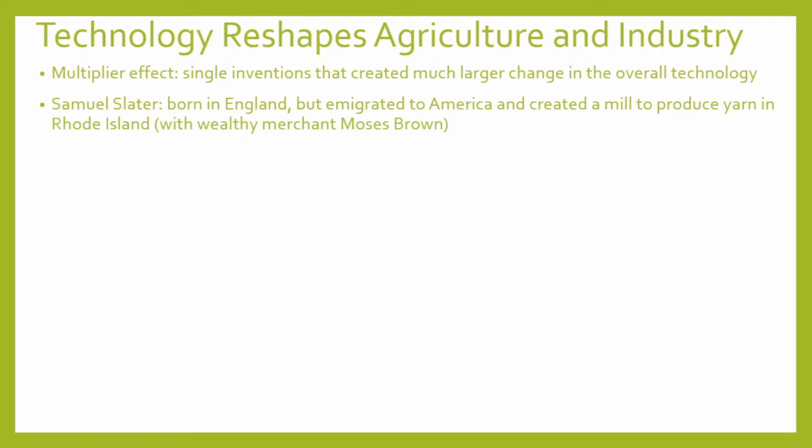So there's this multiplier effect, basically where these inventions would come out, and rather than you have an invention and it's used for a specific thing, the invention comes out and it's immediately used for multiple different parts of industry and agriculture and just society in general. And then it's modified to be more effective for different stuff. So you have a single core technology that affects so many different things because people are able to change it and modify it for what they want.